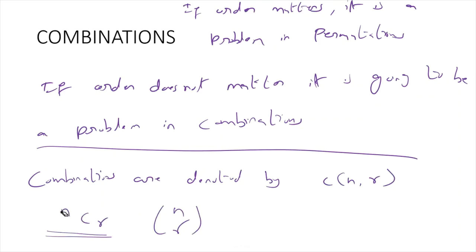You should not read it as nCr, you have to read it as n choose r. If you read it as nCr, you will not get anything. If you read it as n choose r, you can understand the meaning: you are choosing r elements out of n elements. Our next motto is to give the formula for nCr, or count how many combinations we can have out of n dissimilar objects taken r at a time.